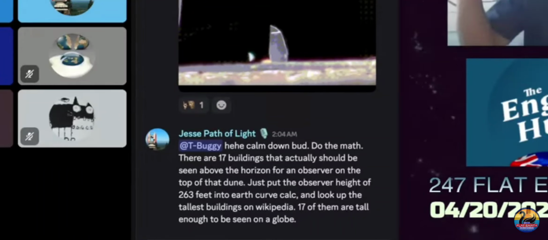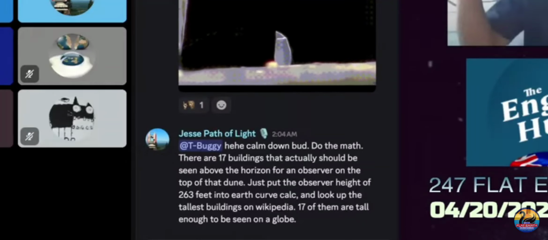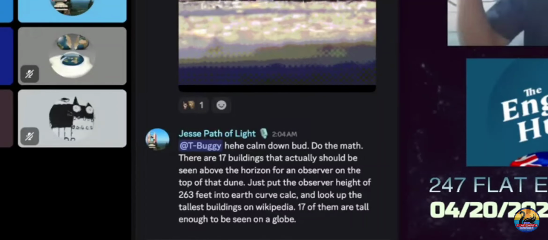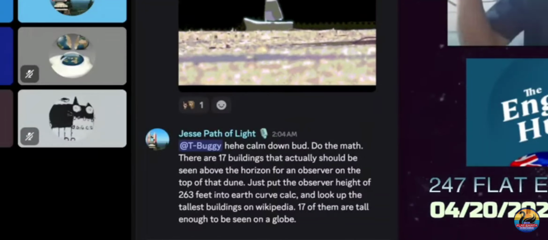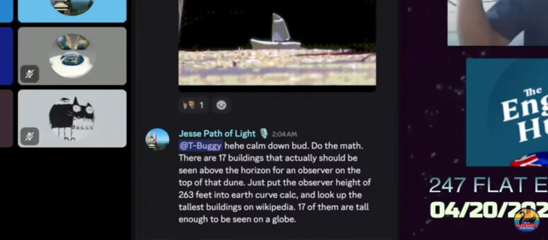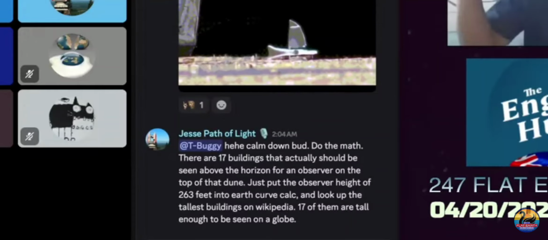So obviously before the curvature distance, while you still have a direct line of sight to everything before the curve, it can appear to go down behind the horizon and then come back up.